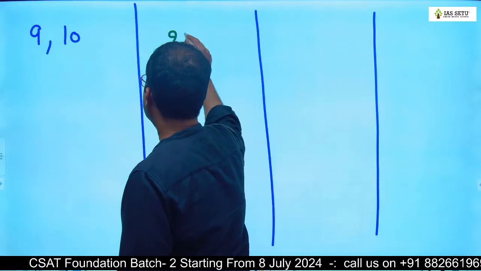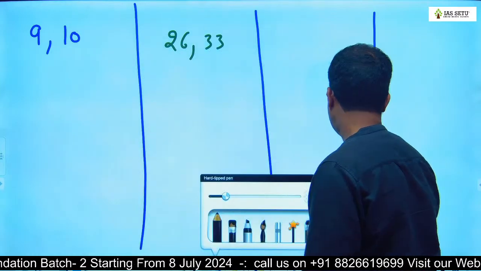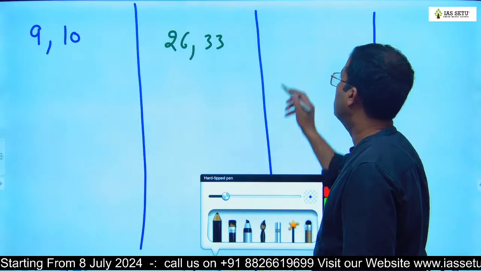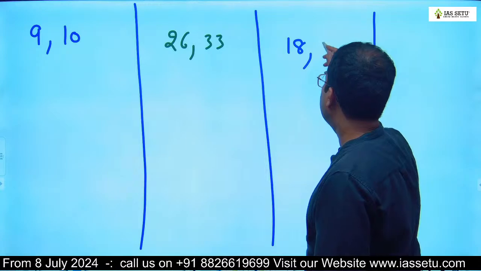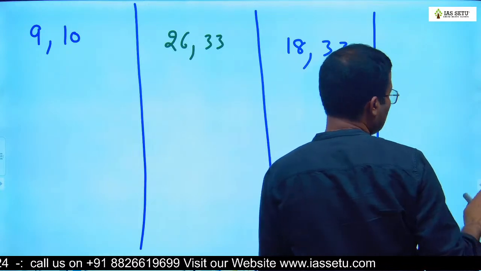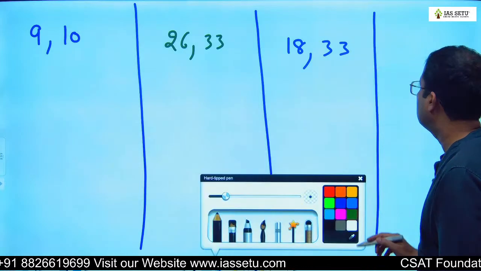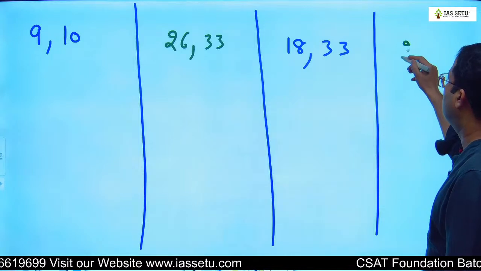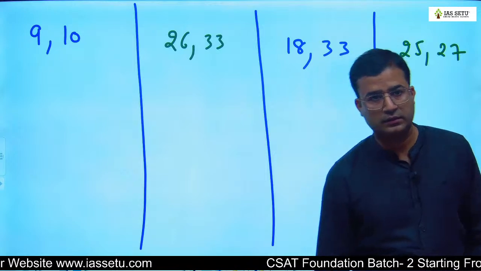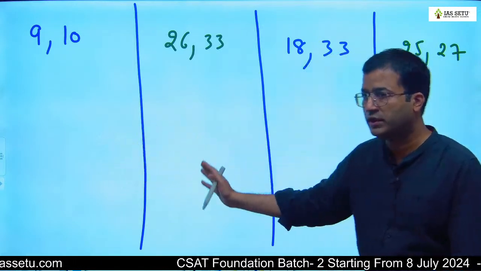Second question is 20, 33. आपको शायद आंसर मिल. You have to check co-prime yes or no.